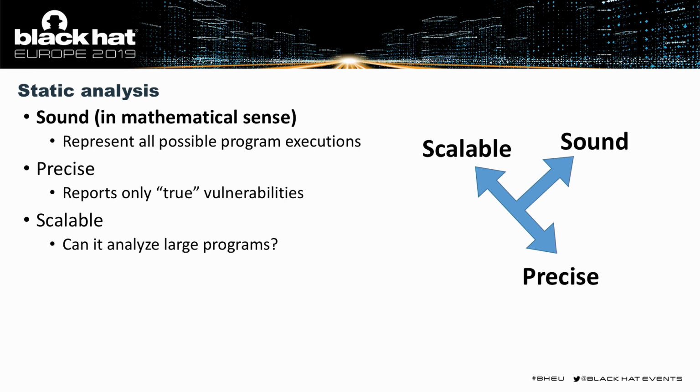This is soundness in the mathematical sense, not in the colloquial sense: that it covers all possible program executions. If you go that route, and in academia that has been the traditional route, you will either kind of lie, or you will just ignore that. You will say, well, I don't know what happens, it catches some bugs, and I'm done, right? And that's the problem, because then you won't catch all the bypasses that Abdul was talking about.